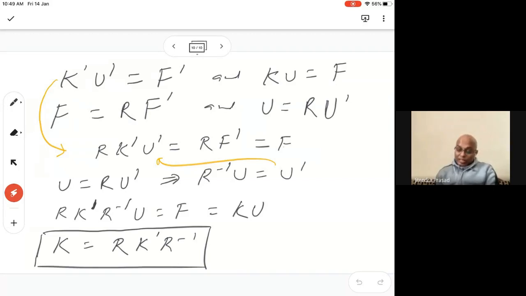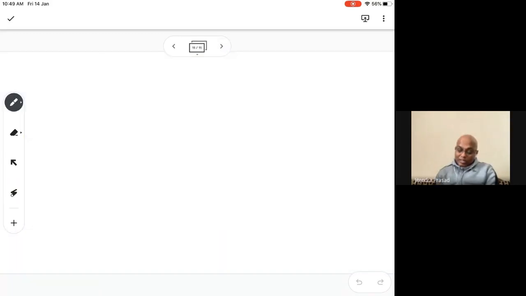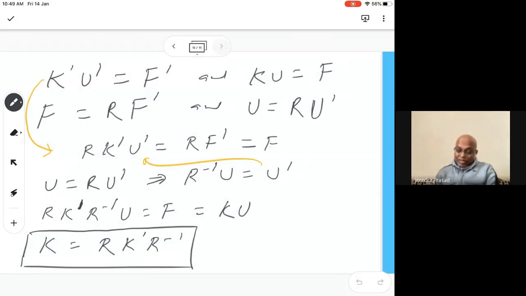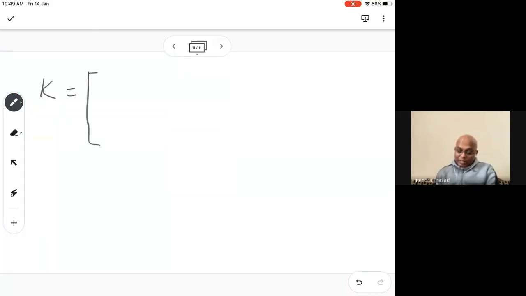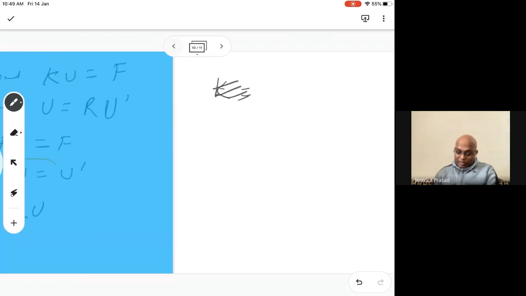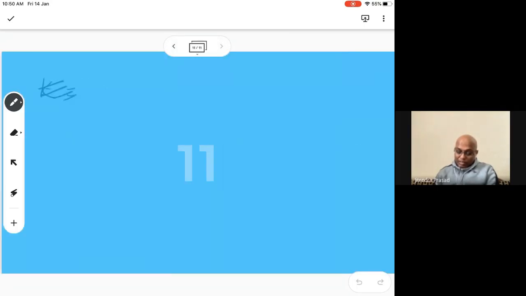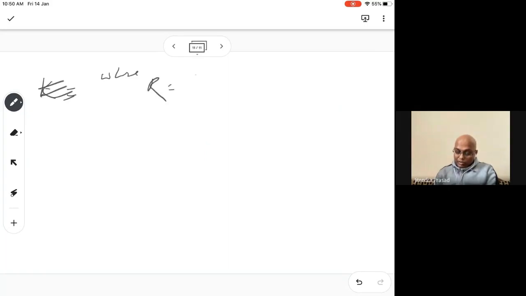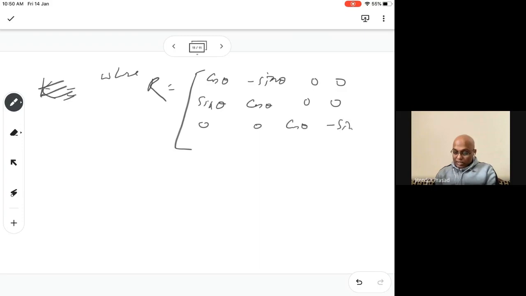Or in other words, you can write K is equal to R K dash R inverse, where R is equal to cos theta, minus sin theta, 0, 0; sin theta, cos theta, 0, 0; 0, 0, cos theta, minus sin theta; 0, 0, sin theta, cos theta.